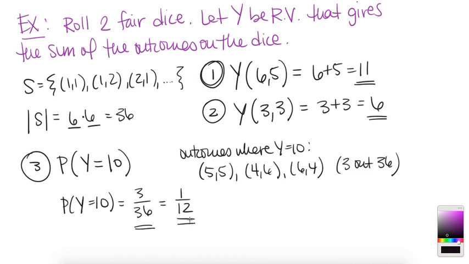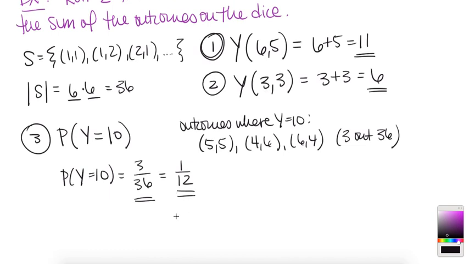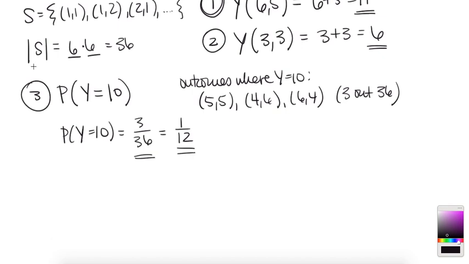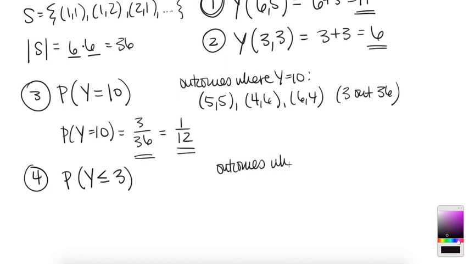Okay, we're going to do one more example here. You might be interested in why this random variable notation is so useful. It gives us the language to do things a little more easily. So for instance, we could talk about the probability that y is less than or equal to 3. Now we want outcomes where y, that sum, is less than or equal to 3.